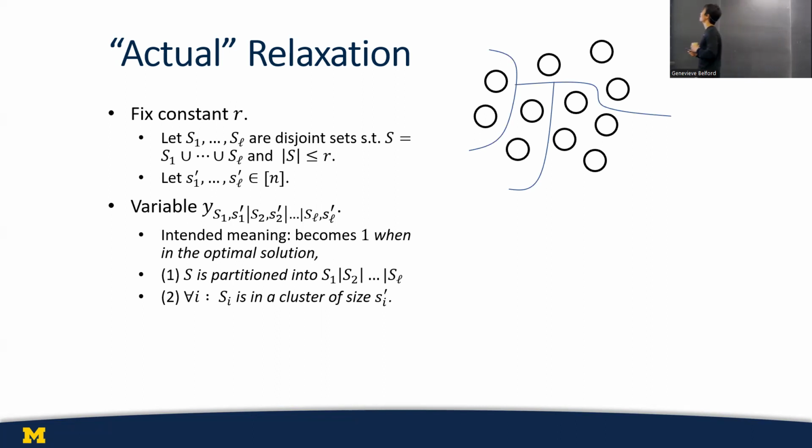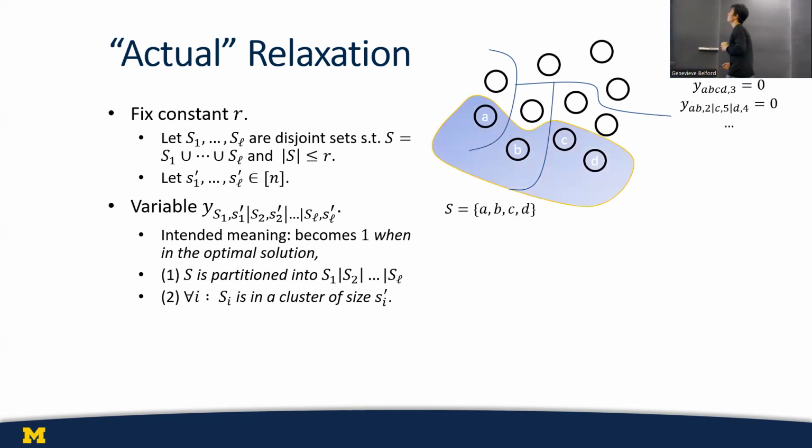So let me give you a quick example. Suppose that this is the optimal solution, which partitions the vertices into 4 parts. And suppose that S is A, B, C, D. These are 4 vertices. Then one can see that S is partitioned into 3 parts: A is in its own part, then B, and then CD. So the optimal solution partitions S into 3 parts.